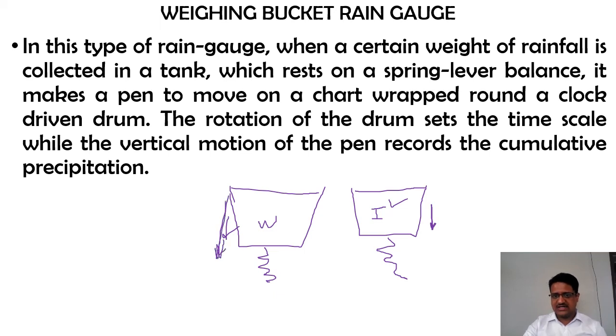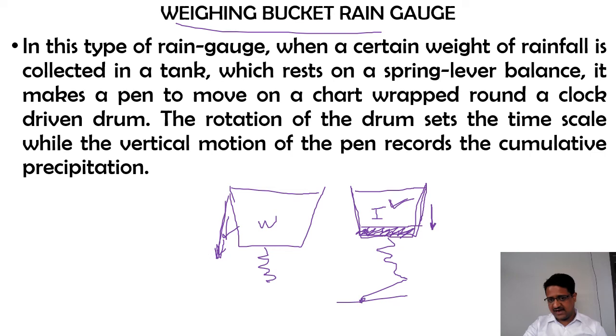So that's why, if you try to measure snowfall directly with this, it is quite difficult and you are going to get error. But we can make some arrangements: in this empty bucket itself we can calibrate in such a way that we put some antifreeze liquid into it. With the weight of this antifreeze liquid, the pen is going to mark zero on the graph.